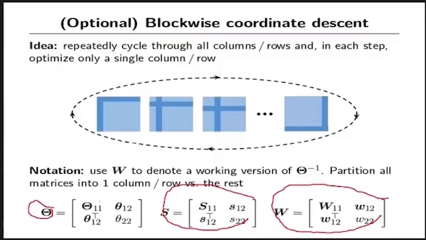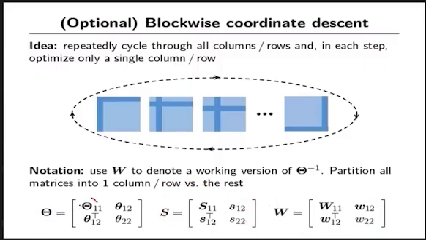Now, what do we mean by this guy? Please pay attention. This guy is all the columns except the column you want to update. And of course, this guy is the column that you want to update. And this is the corresponding partition in the sample covariance as well.